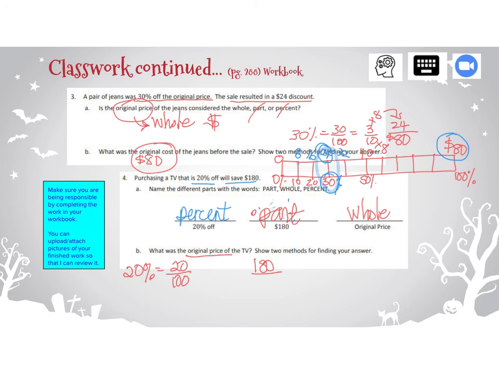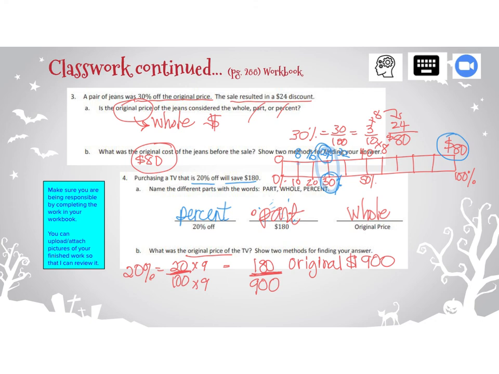So what do I multiply 20 by to get 180? I think it's times 9. 9 times 2 is 18, out of 0. So I'm going to multiply this by 9 as well, and I get 900. Oh my gosh, that's a lot of money. So the original price is $900. Now it says show two different methods.